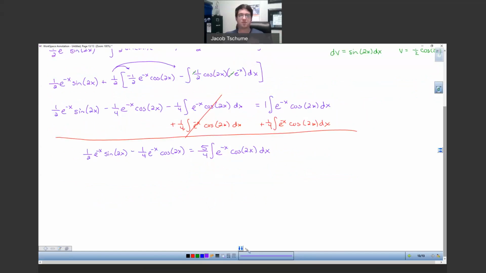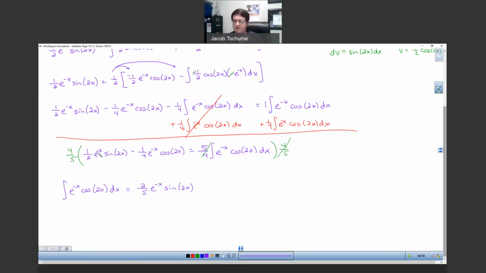And now remember, the original problem asked you to get the integral by itself. So now that you've combined 2 integrals into one, you can get the integral by itself by multiplying both sides of the equation by 4/5. Because 4/5 times 5/4 is going to cancel. And we can say that the indefinite integral of e to the negative x cosine 2x will be 4/5 times 1/2, which ends up being 4/10, which is 2/5 e to the negative x sine of 2x.